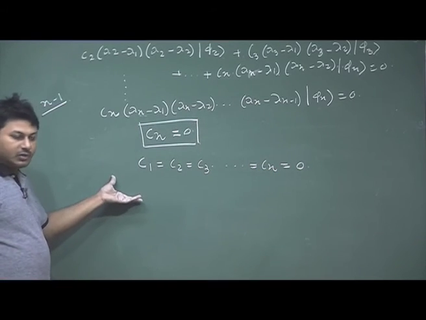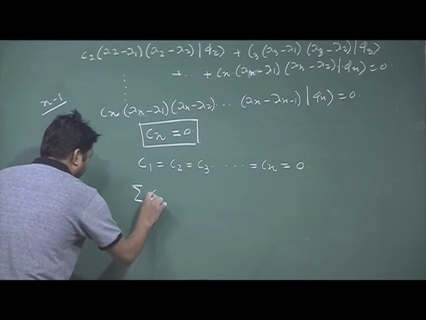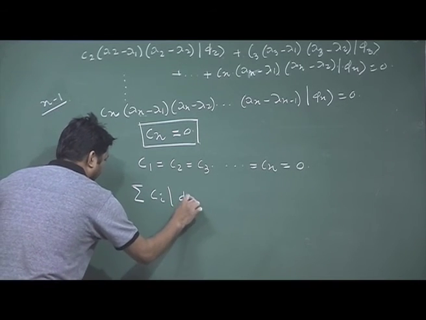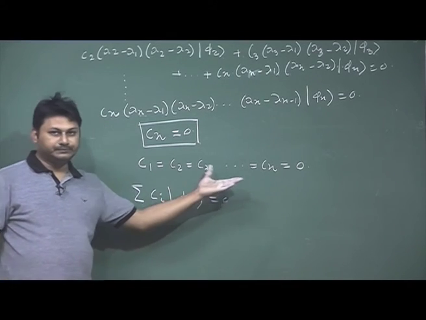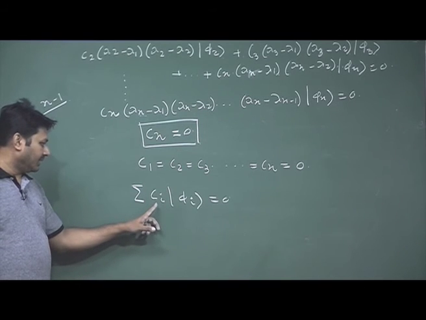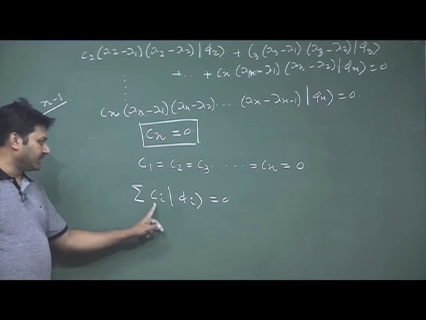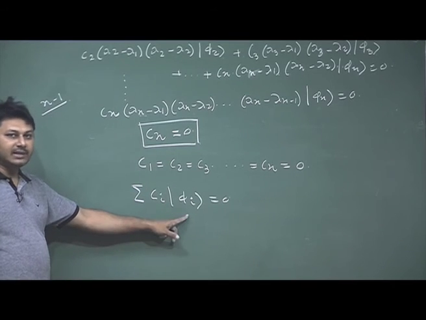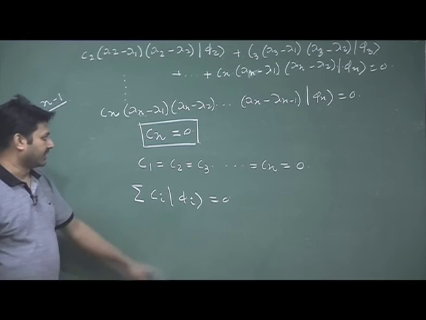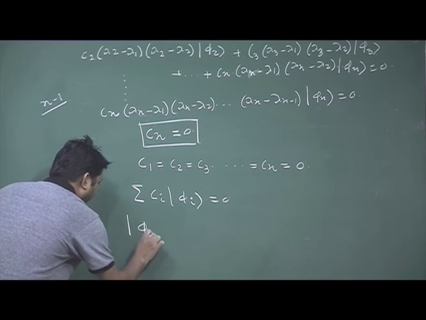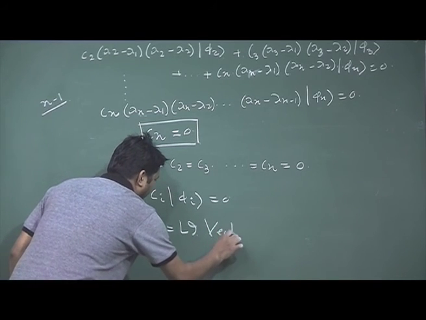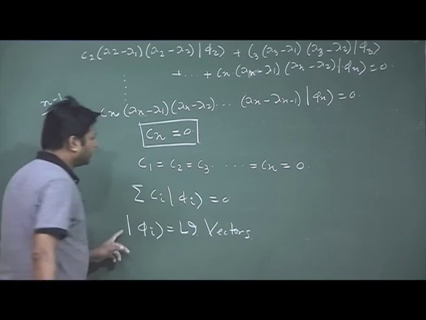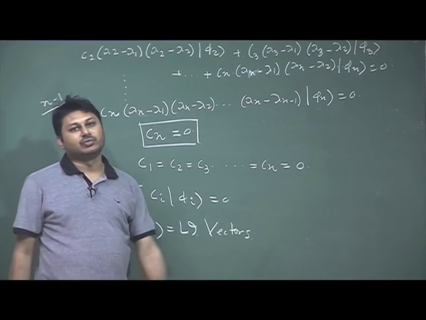So my starting equation was the sum of Ci phi i is equal to 0. Now I am saying this equation is only satisfied for all Ci equal to 0. That means the phi i are linearly independent vectors. So whatever phi i I have are linearly independent vectors, when all the lambdas are distinct to each other.